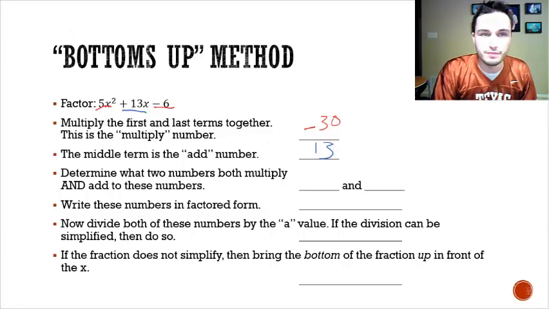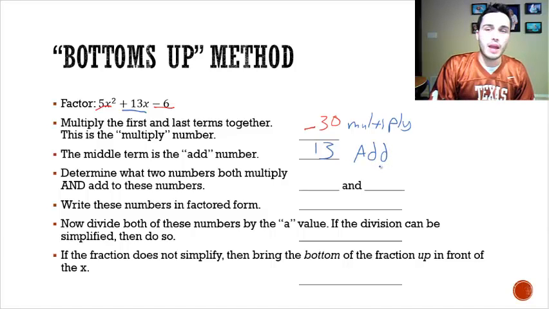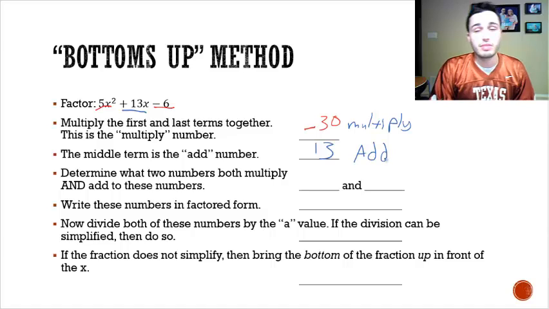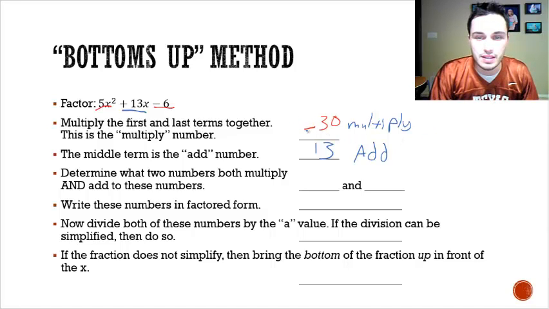Now what we need to do is sit and think what two numbers both multiply to make negative 30 and add to make 13. Well, I can think of 10 times 3 makes 30, and 10 plus 3 makes 13, but we got to think of things like this little negative sign here.